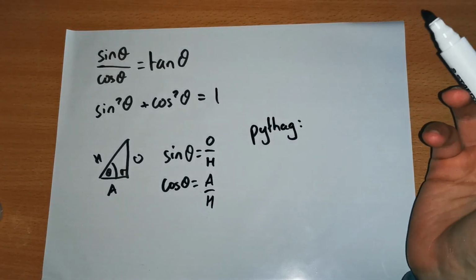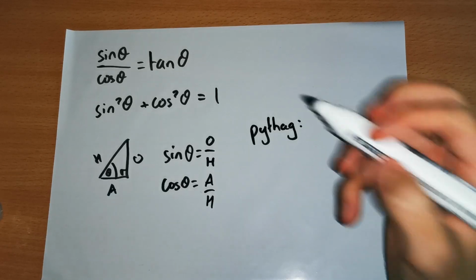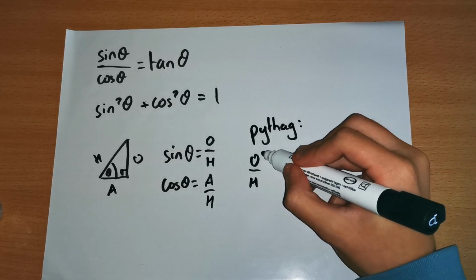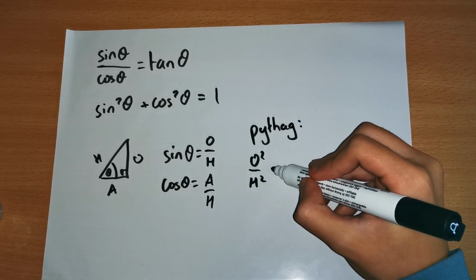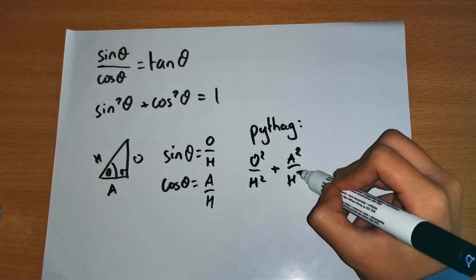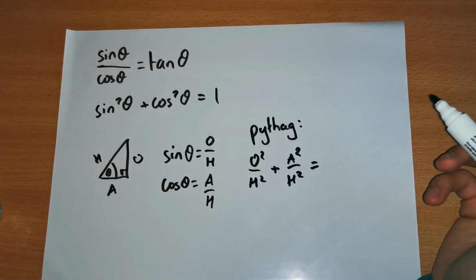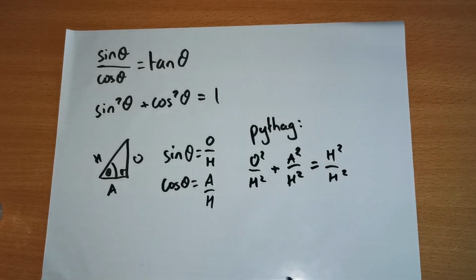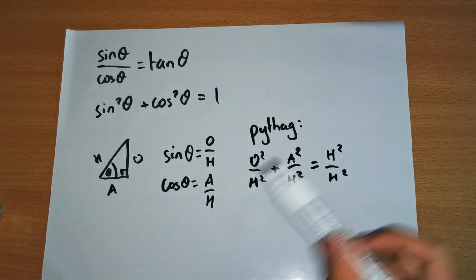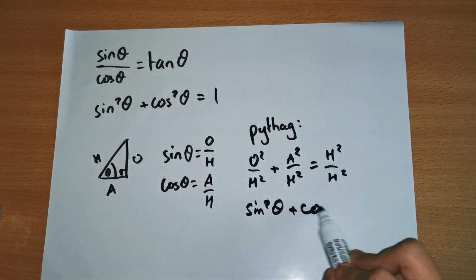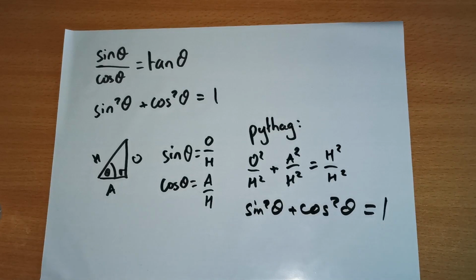So I could say that sine theta, so o over h, squared, plus cos theta, a over h, squared, is equal to h over h squared, that is equal to sine squared theta plus cos squared theta, which equals 1.